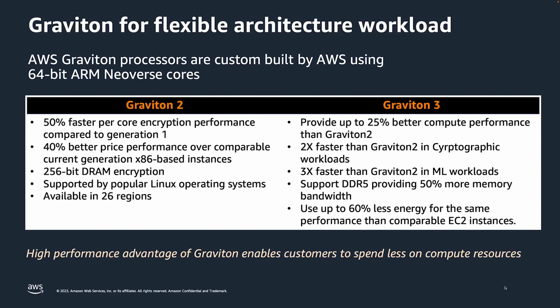It's 50% faster per core encryption performance compared to Generation 1, and 40% better price performance over comparable current generation x86-based instances. In this talk we're looking at cost optimization, and you can already see straight off the bat, if you can build your application on an ARM-based CPU architecture, there could be great cost savings involved there. It's also available in 26 regions.